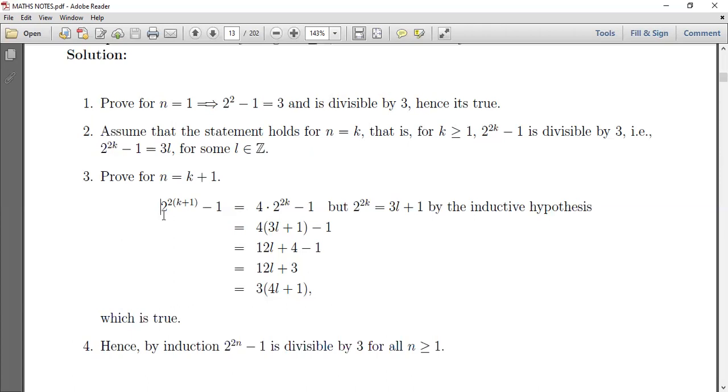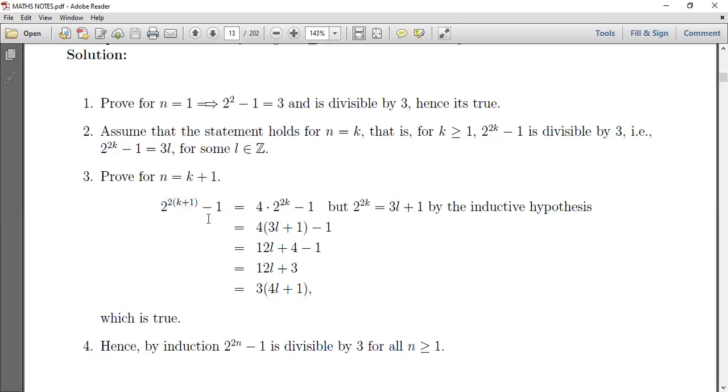Otherwise, if you are able to factor out 3 somewhere there, then you have proved that it is divisible by 3. So if I simplify these indices, I want to link this with my assumption here.